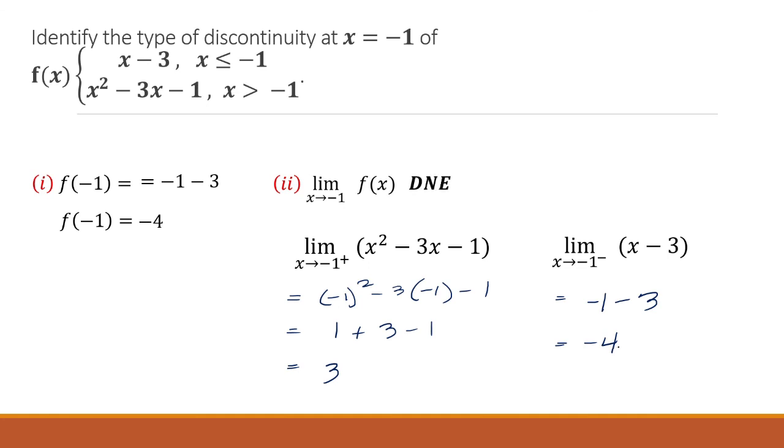Therefore, the limit at x is equal to negative 1 does not exist. To identify the type of discontinuity, checking our limits, we have real numbers. And therefore, we have a jump discontinuity at x is equal to negative 1.